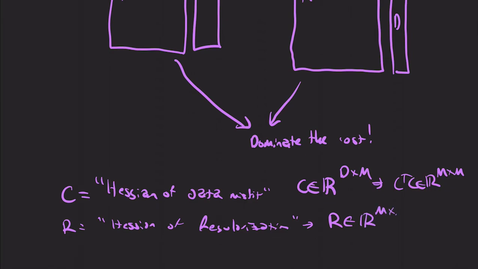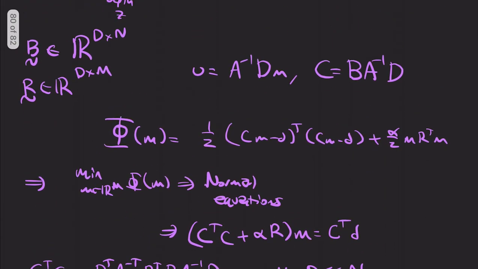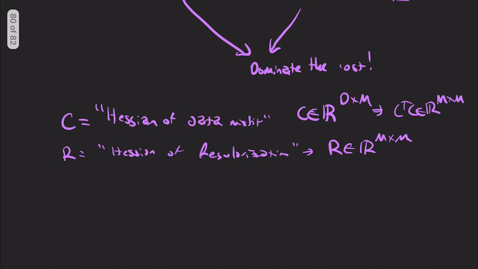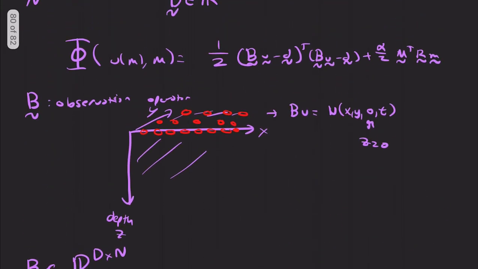Means R is in R^(M by M). The reason why this is the Hessian is because if you look at this equation, you get an M transpose M, which makes it look like a quadratic. If you take two derivatives, you get C transpose C, that higher order term. It ends up being the Hessian of the data misfit in the discrete case.